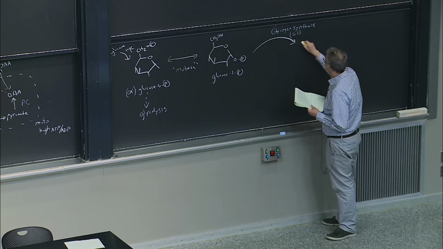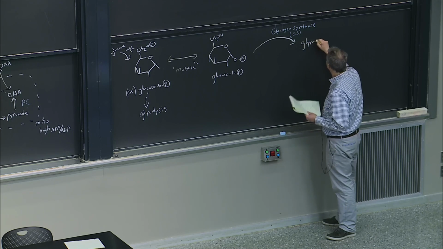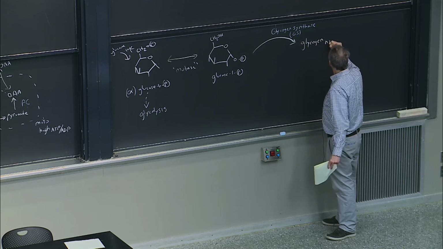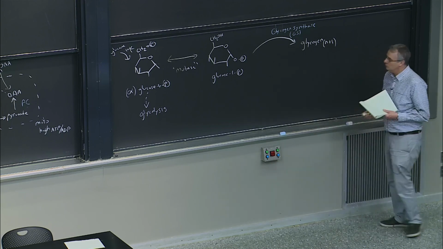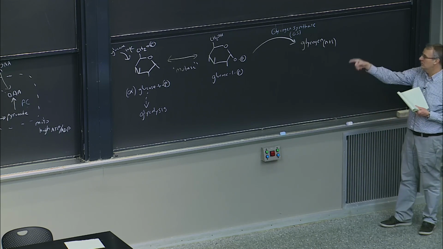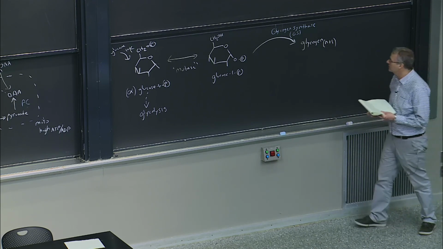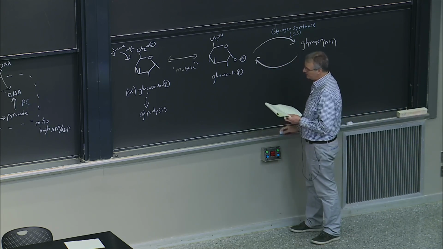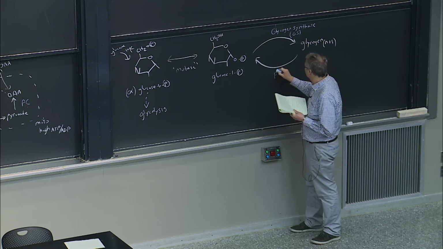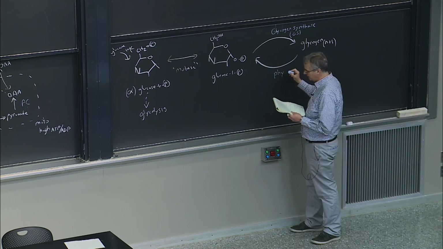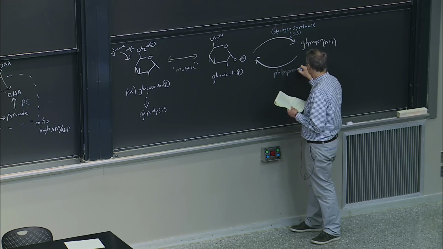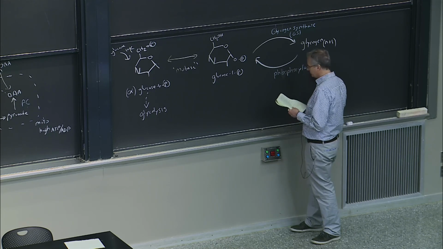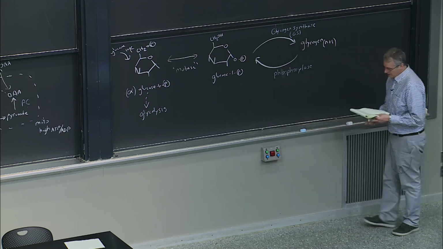So that'll give me a glycogen molecule with 1 additional monomer added to the non-reducing end of the polymer. And you release that glucose back off via a different pathway, a different enzyme called phosphorylase. All right.